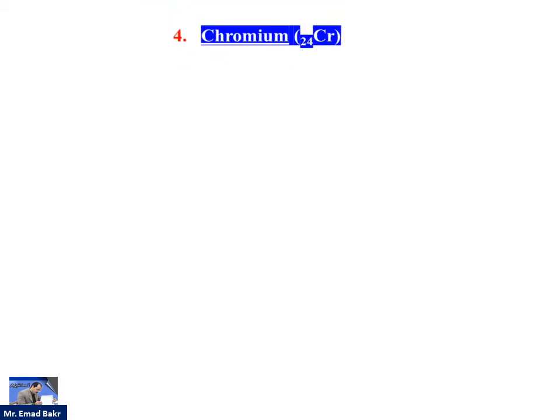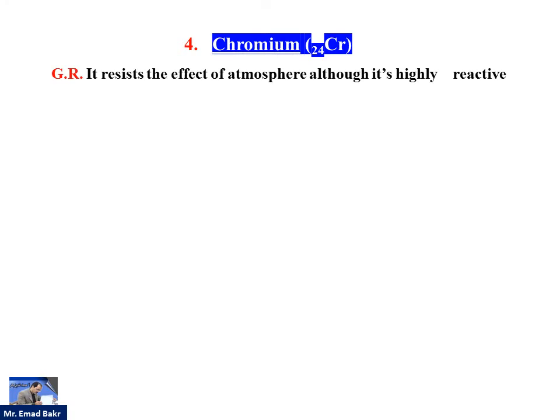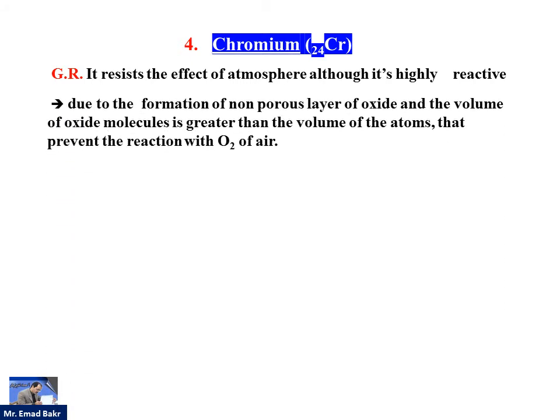The next element, chromium 24. Give reason it resists the effect of atmosphere, although it's highly reactive, very active. This important property is due to the formation of a non-porous layer of oxide, and the volume of the oxide molecule is greater than the volume of the atoms, which prevents the reaction with oxygen of air.